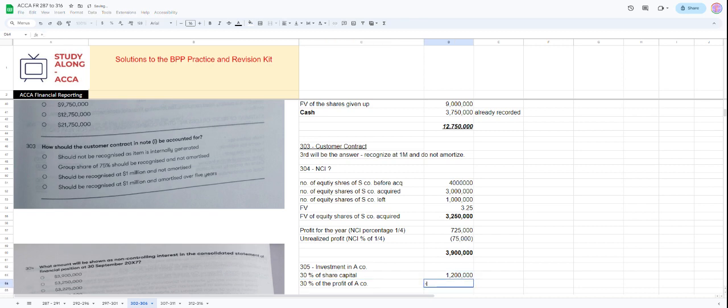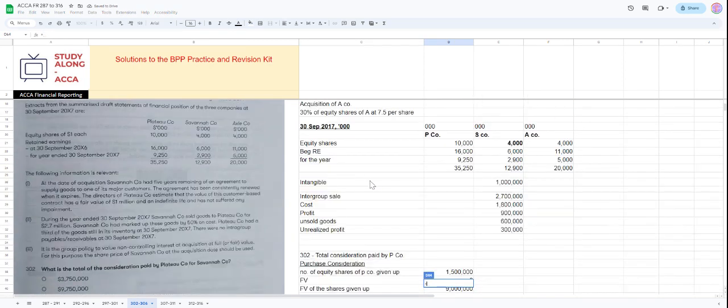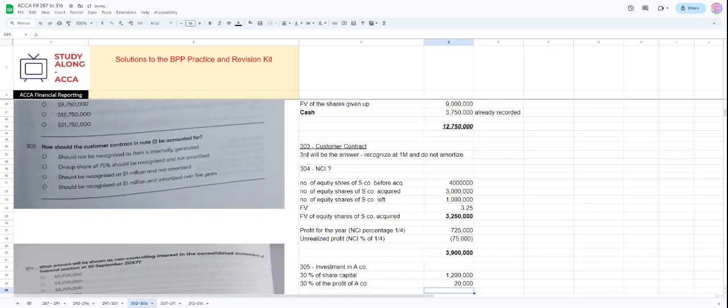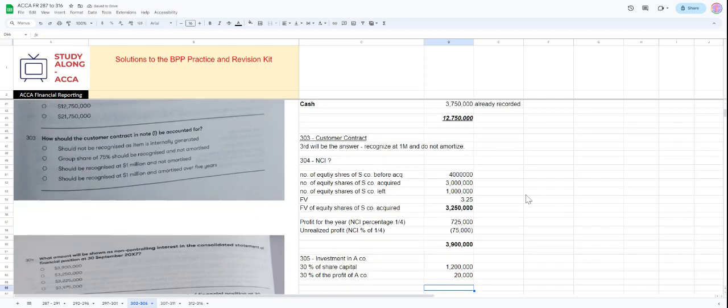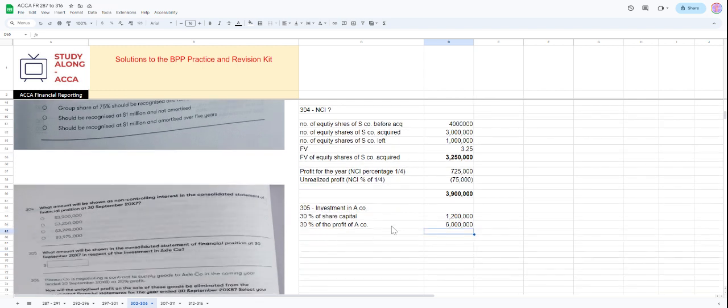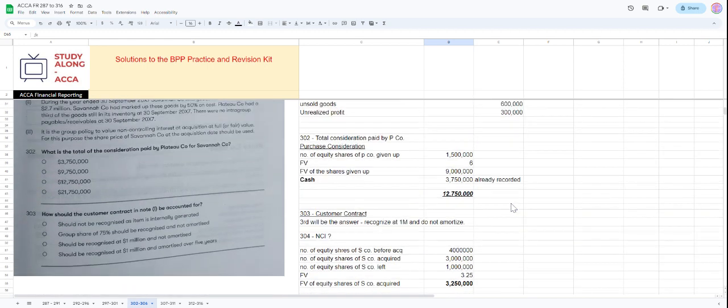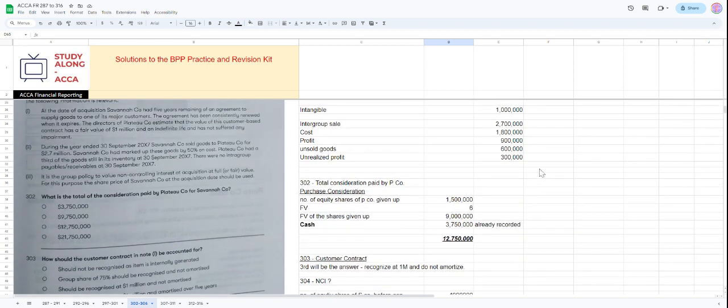So for the year, how much profit they had? They had this 20,000, so we will multiply it, 20 million actually. We will multiply it by 30%, which is parent company shares. How much is the profit there?